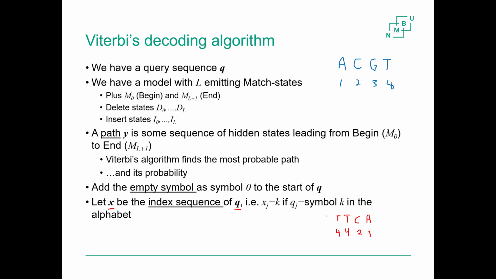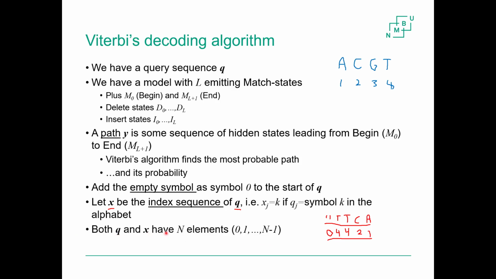And of course we should have an empty symbol at the beginning. So let me indicate an empty symbol by 2 quotes with nothing in between, and this has index 0. So here you can see we have the Q sequence and the X sequence. And of course these two must be of the same length, right?